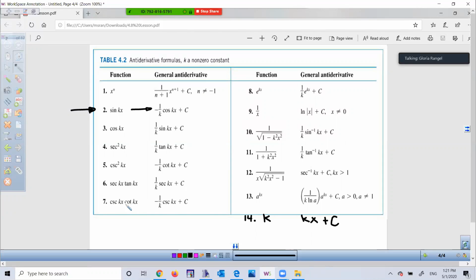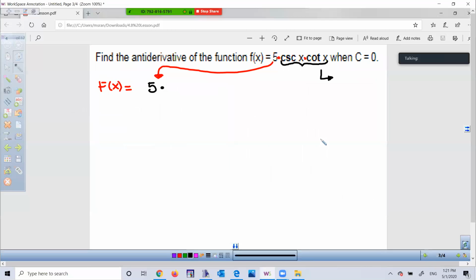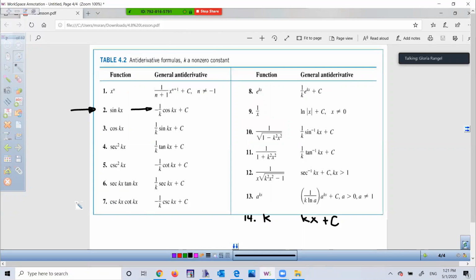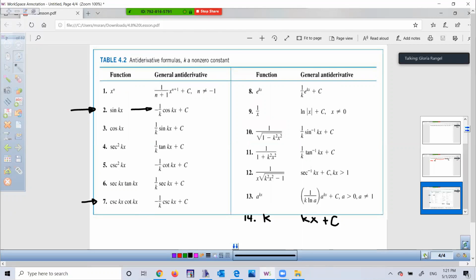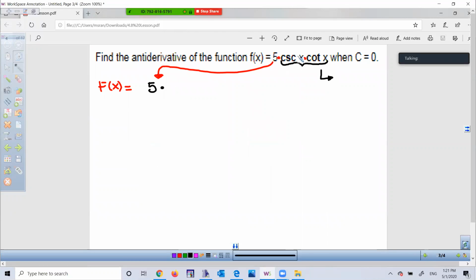This one. So the formula that I'm going to use this time is number 7. I have something in this format, cosecant of kx times cotangent of kx. The k is going to be whatever the value is before the x, which in this case you can assume is a 1, unless you see another number, that would be your k, right?